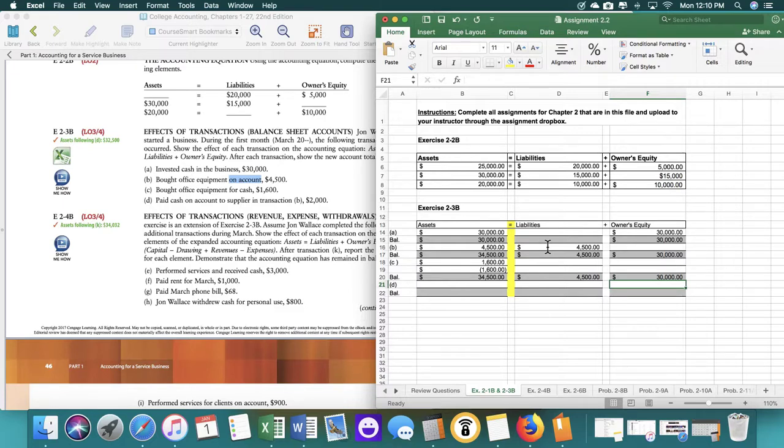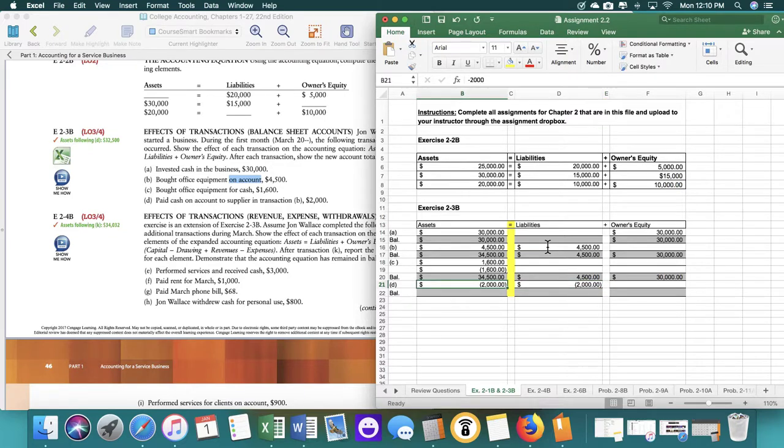Then the final transaction for 3B is we paid cash on account to a supplier. So we paid cash, so we're going to decrease our asset of cash by $2,000. And then we're going to decrease what we owe. So we're going to decrease $2,000 from the $4,500.